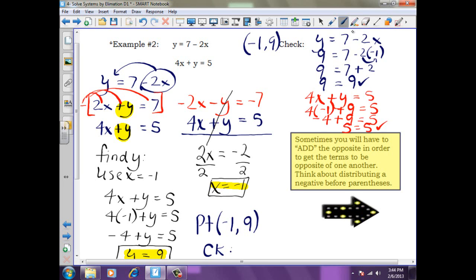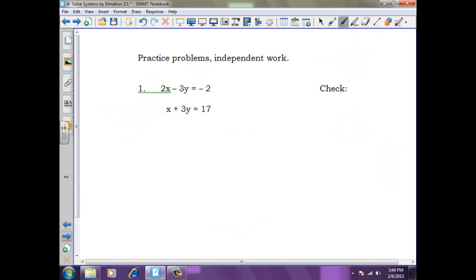I want you to take this opportunity to work on this practice problem. You want to look at the variable, and it looks like your y's are opposite one another, so I would choose those to eliminate first, add these two equations together, and see what you come up with. Pause here.